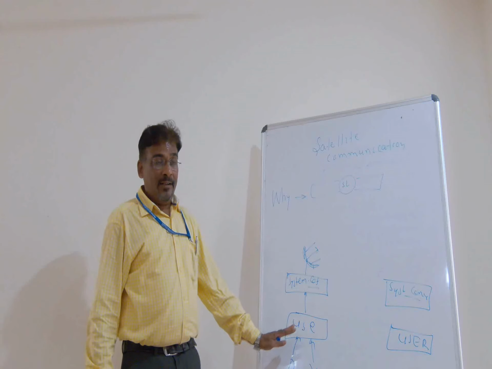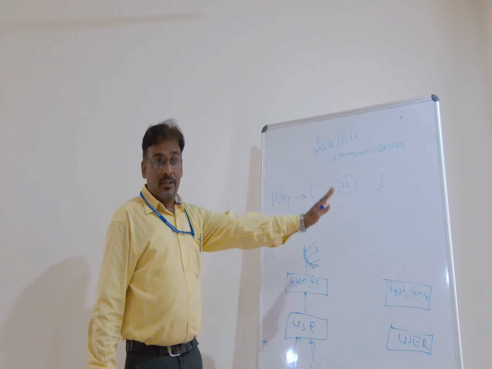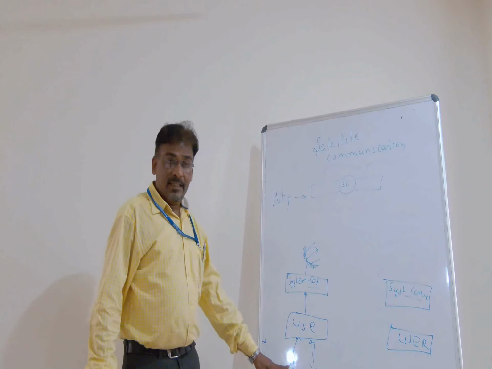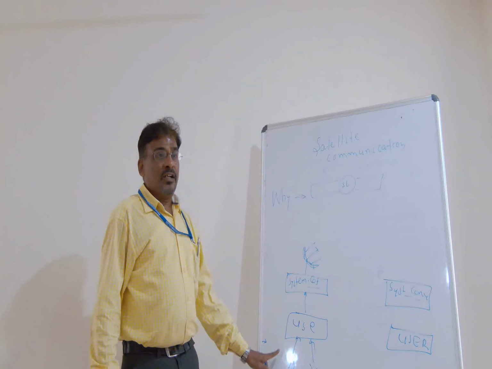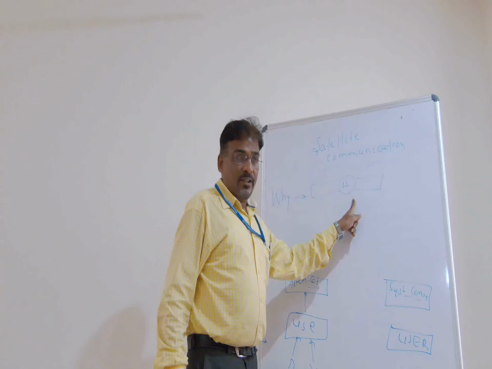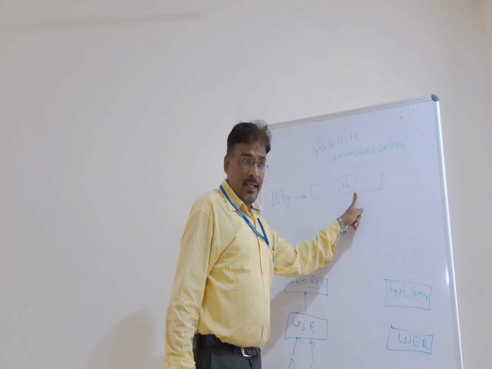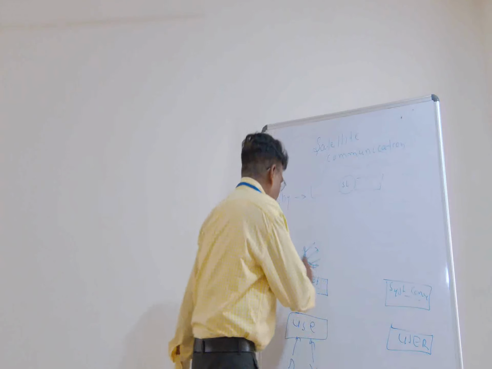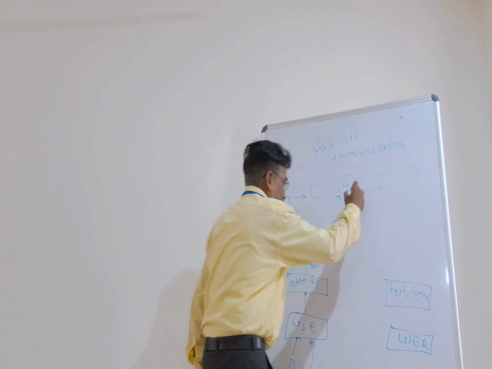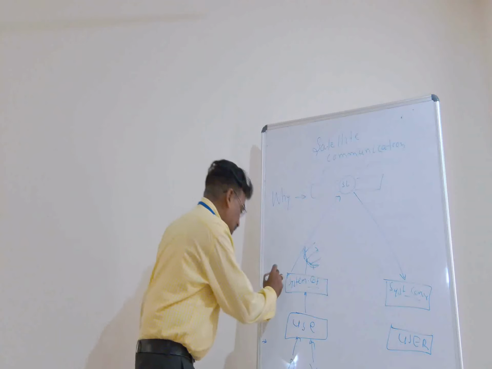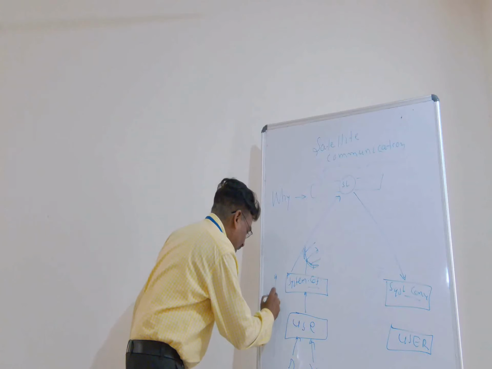My dear friends, the total satellite communication system consists of three parts. One part is the station at the earth, called the transmission center. At the top, the space center, which is represented by our satellite, and once again at the earth, the receiving point. So the signal is transmitted in this way, where this path is called the uplink.